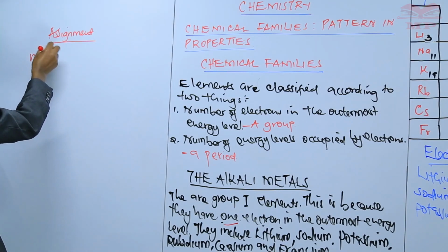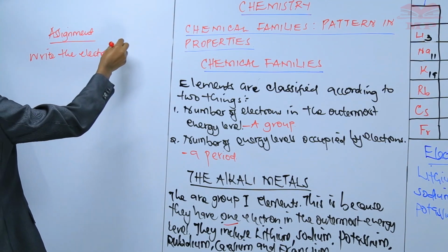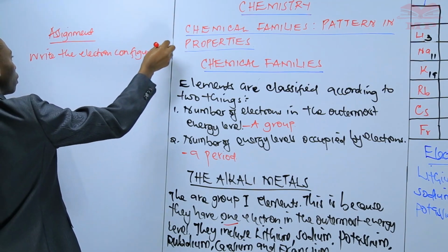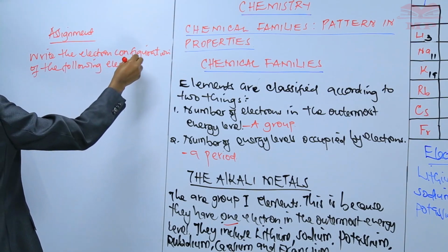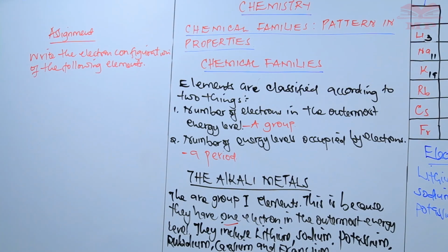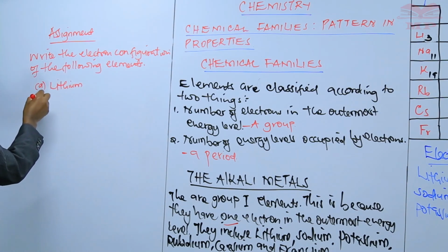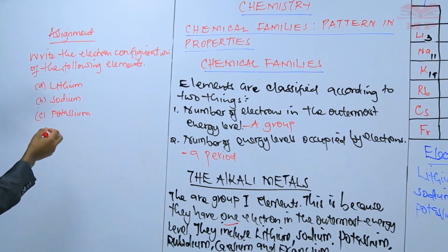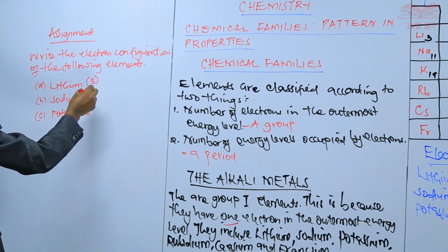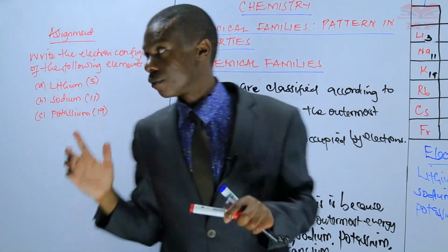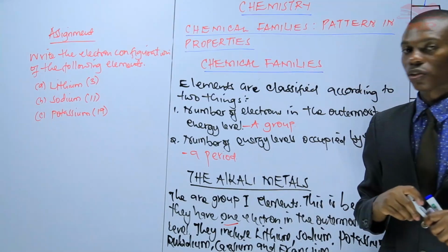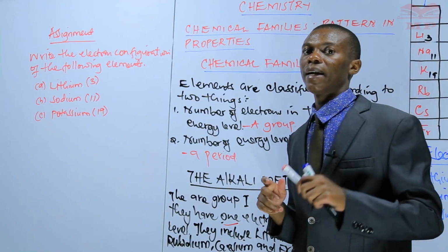Write the electron configuration of the following elements: lithium with atomic number 3, sodium with atomic number 11, and potassium with atomic number 19.